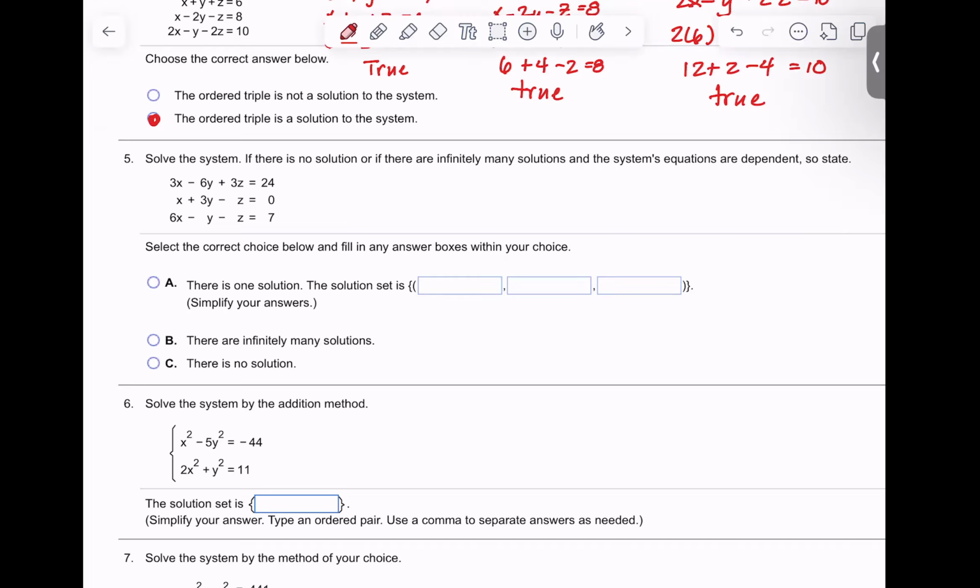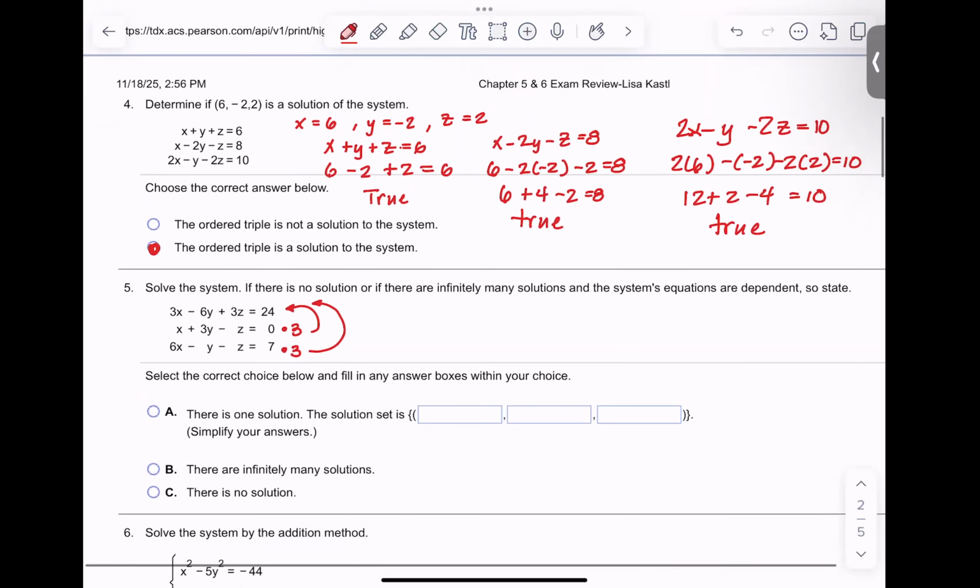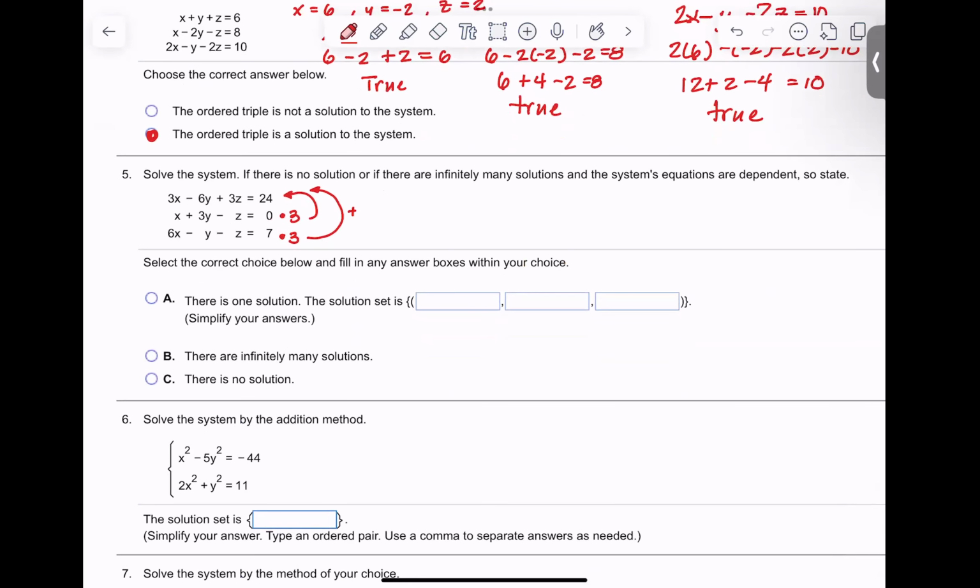Now, I think the easiest thing to do is going to be to multiply this equation by 3 and add it to that one, and the same. Multiply the last equation by 3 and add it to the first one. And that way I'm going to eliminate z. So I'm going to multiply that second equation by 3.